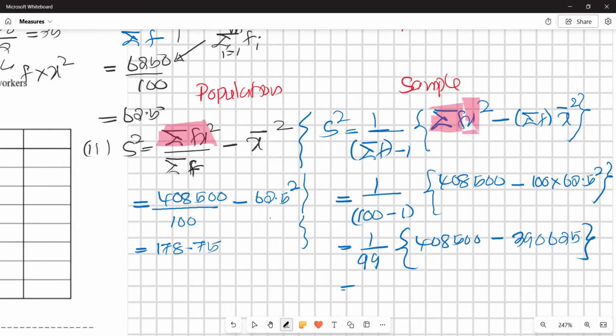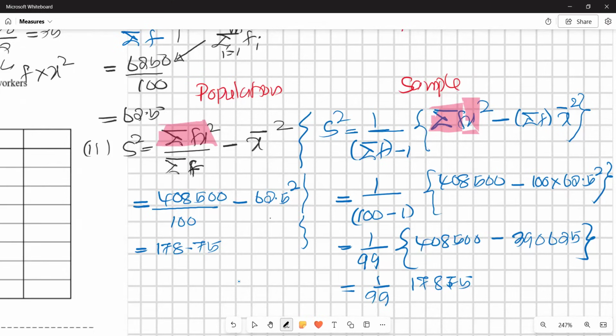Get the difference of this one. 17,875. This is 1 by 99, 178.75.